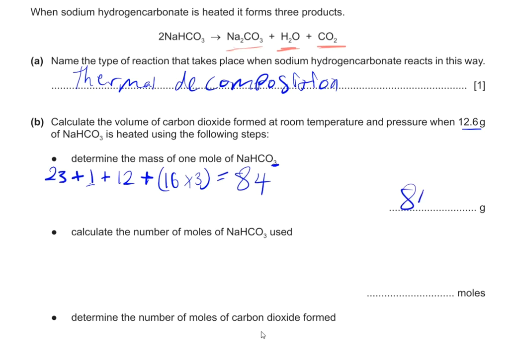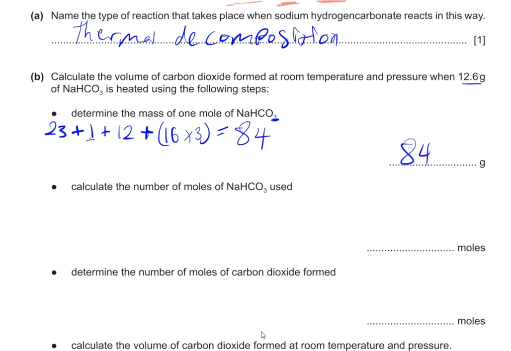So the mass of 1 mole of sodium hydrogen carbonate, or the molar mass of sodium hydrogen carbonate, is 84. Calculate the number of moles of sodium hydrogen carbonate used. So we're gonna use this formula that says mass is equal to moles multiplied by Mr, or molar mass. So over here we have the molar mass and we have the mass.